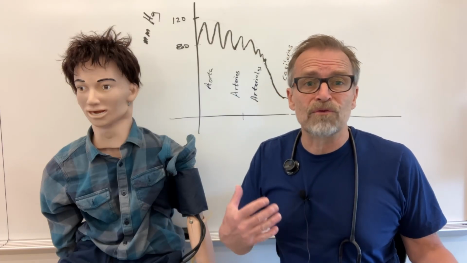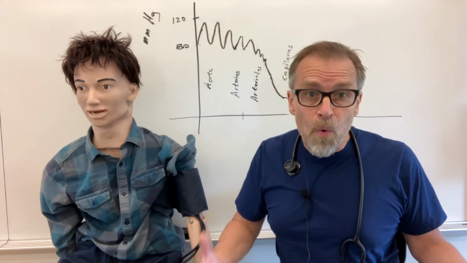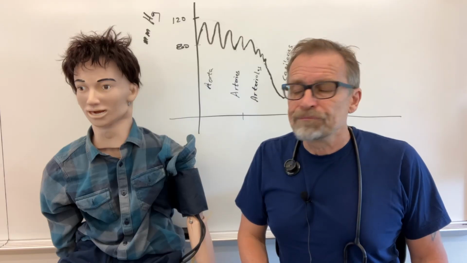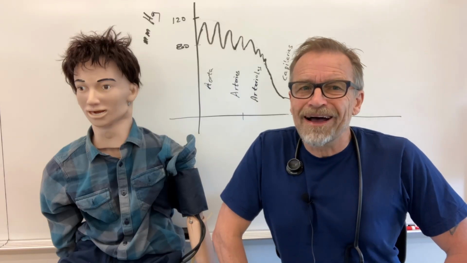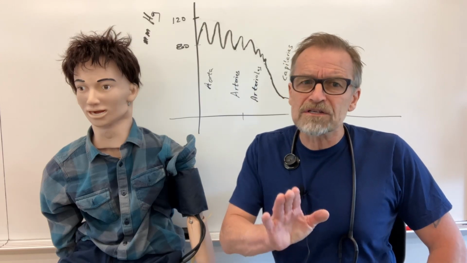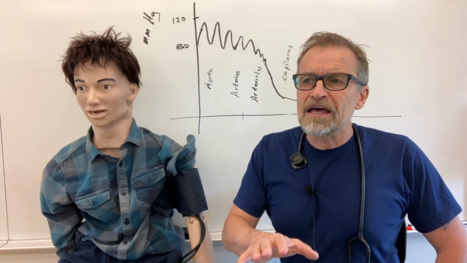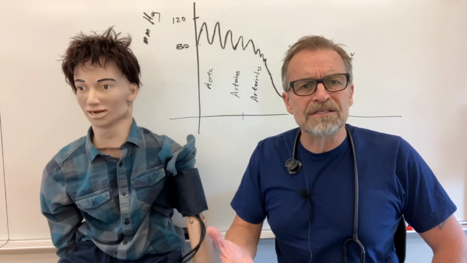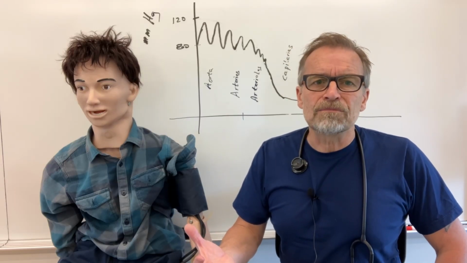So basically, whenever we're providing care for a patient, one of the things we're going to check right off the bat is blood pressure. Now, when I say blood pressure, I don't mean blood pressure throughout the circulatory system, right? We've already talked about that. You can imagine that the pressure in the arteries is very different than the pressure in the capillary beds, and that's really different than the pressure in the veins.